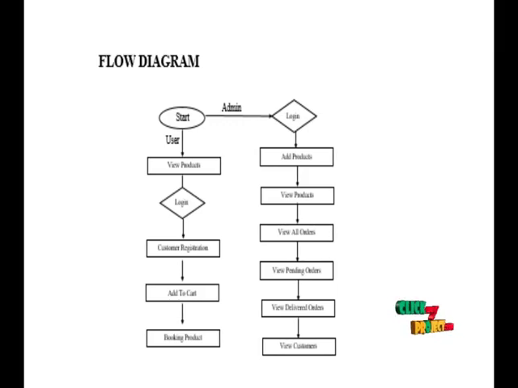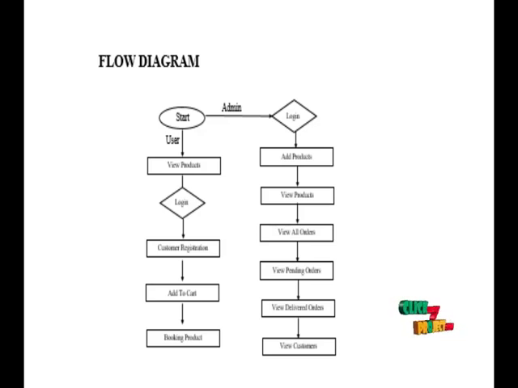Next, admin module. The admin is a super user of the website who can register the customer details on the website. Login page, the page where the registered users will log in to access the dashboard page. Next, add products, the page where the admin can add the products. View products, the page where the admin can view the products.